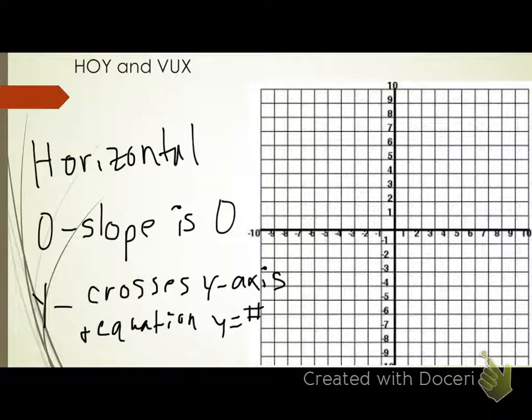So let's say I had the equation y equals 5. The equation is y equals some number, so I know it's going to be a horizontal line crossing my y-axis, and it crosses my y-axis at that number. So it's going to cross at 5. So I can put a point at 5 on my y-axis.